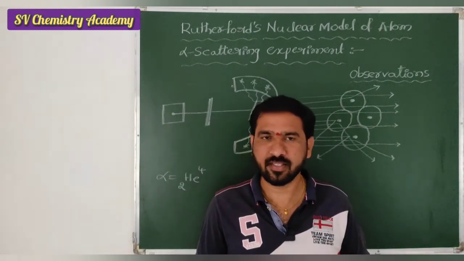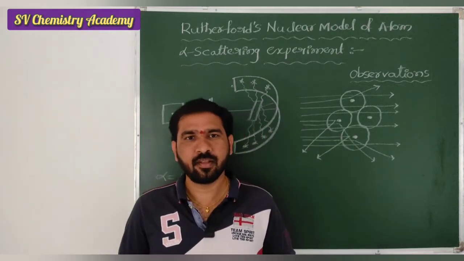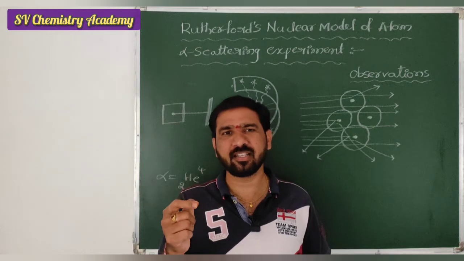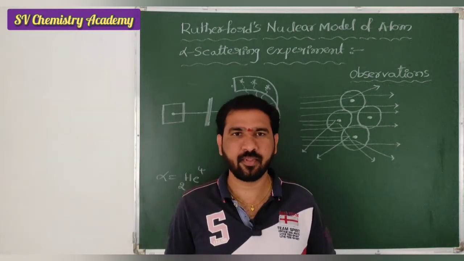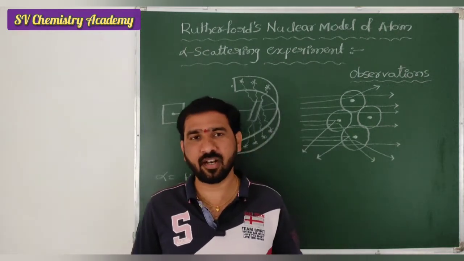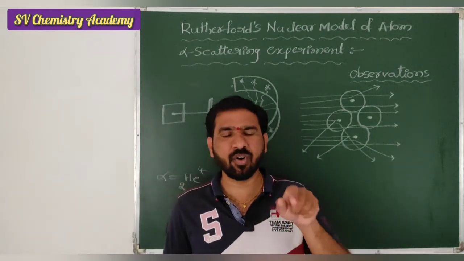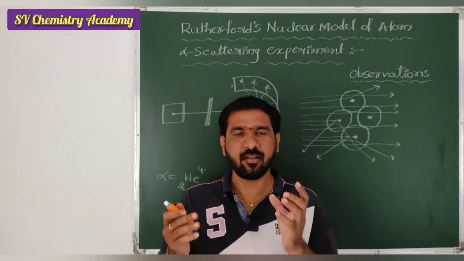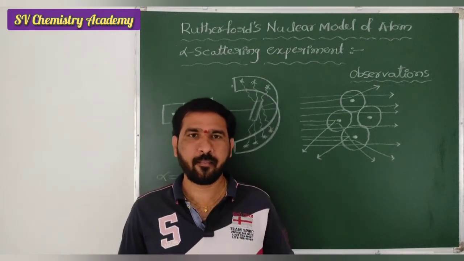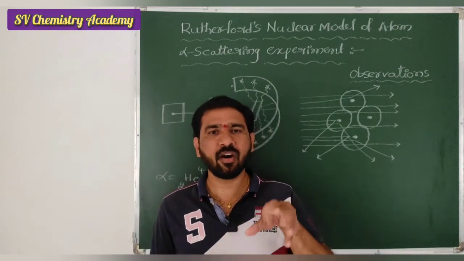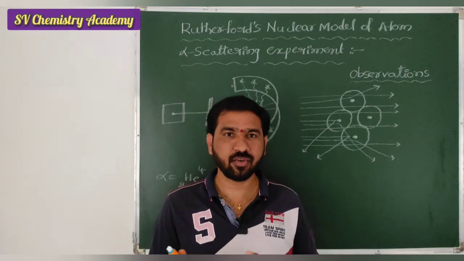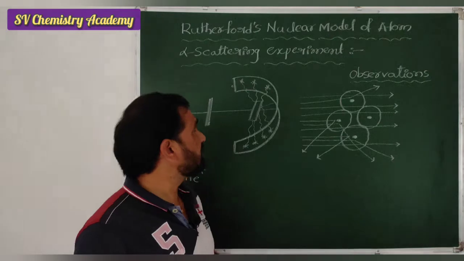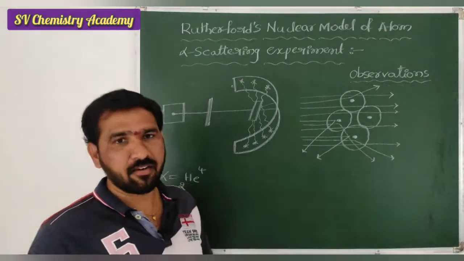Then around the nucleus, negatively charged particles are surrounded. According to the Rutherford model of atom, electrons revolve around the nucleus like planets revolving around the sun in the solar system. So this is the Rutherford model of atom.